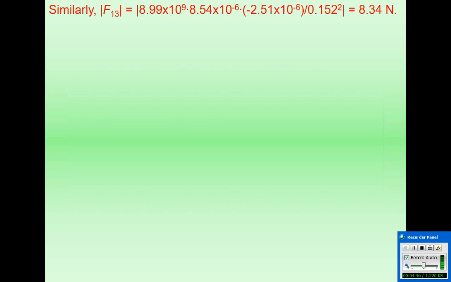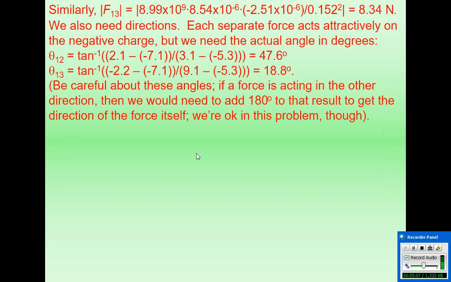So the force of charge 3 on charge 1, that force is going to be directed towards charge 3. So we've kind of done the first part of treat each thing separately, at least as far as the magnitudes are concerned. But the directions of these two forces are different, and we're going to have to worry about that.